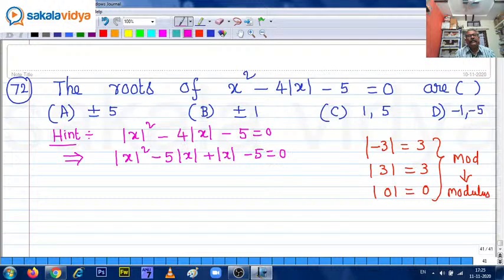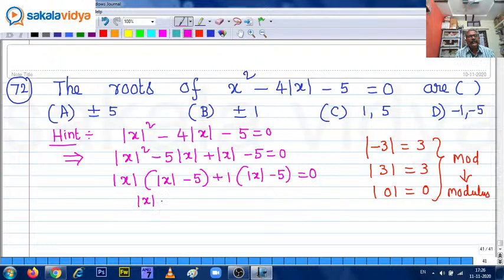That means the middle term can be written as minus 5 mod x plus mod x. Now let us take mod x common. We get mod x minus 5 plus 1 common, we have mod x minus 5 equal to 0. So mod x minus 5 is common. We have mod x plus 1 equals to 0. We get two solutions.